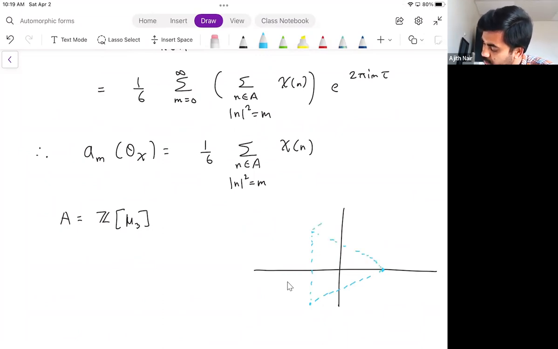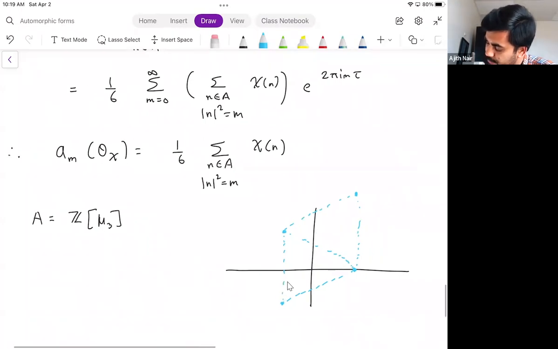I don't know the exact picture, but it might be something like this. The vertices are going to be these lattice points, and you can extend this.